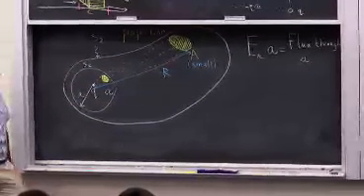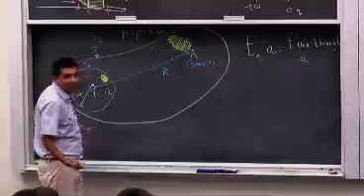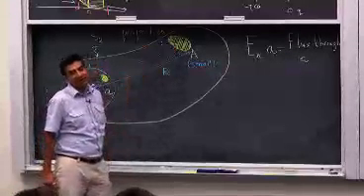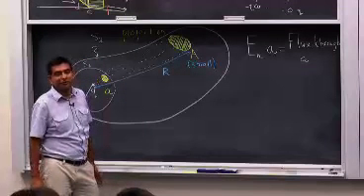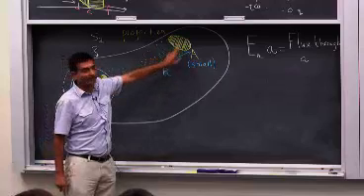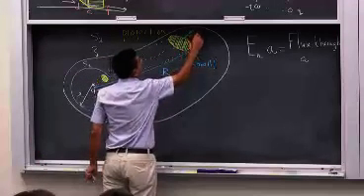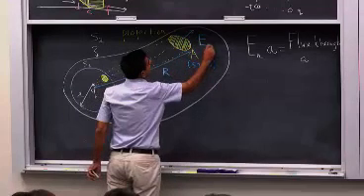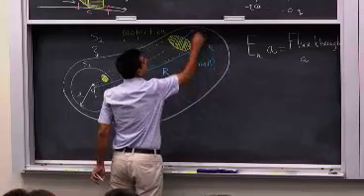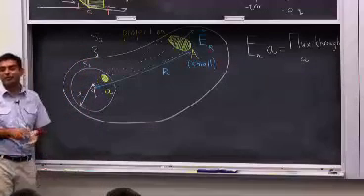Now I would like to find the flux through capital A. So I would need to find out the electric field at this point. Suppose the electric field here is E capital R. It's going to be different from E small r because it's further away from the point charge.